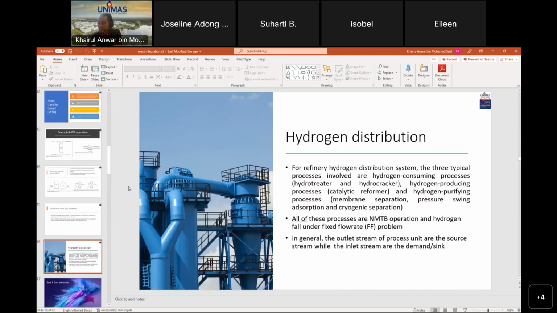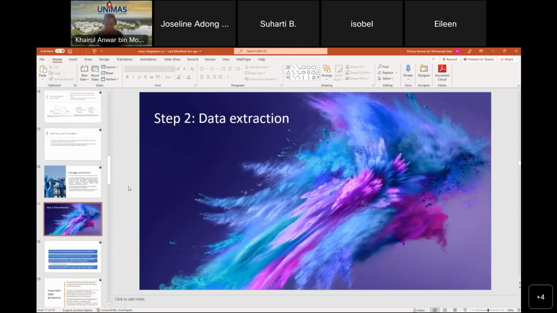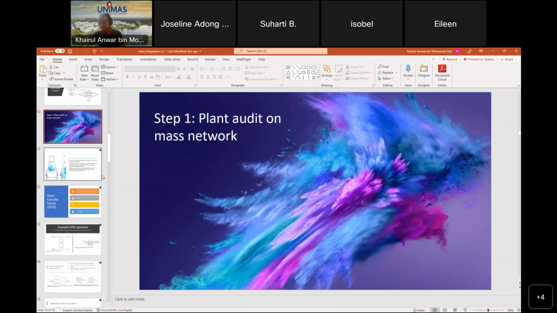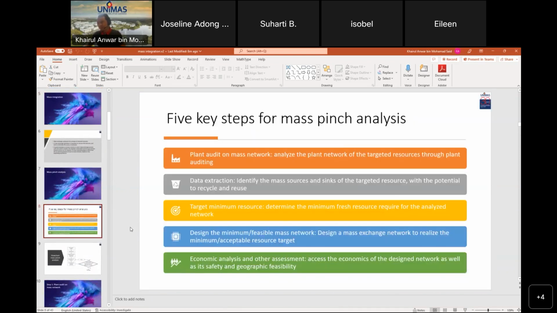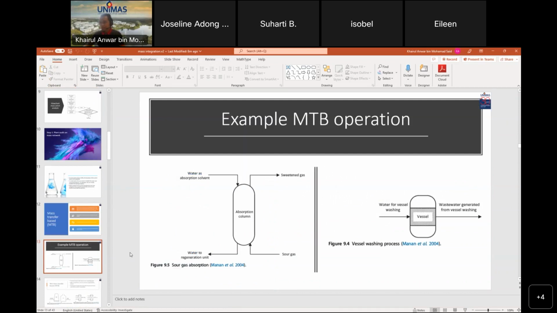So we continue with step 2. The slide is ready in Ellipse. There's a 5-step procedure to conduct MPA, mass pinch analysis. The first step is to plan an audit on the mesh network.